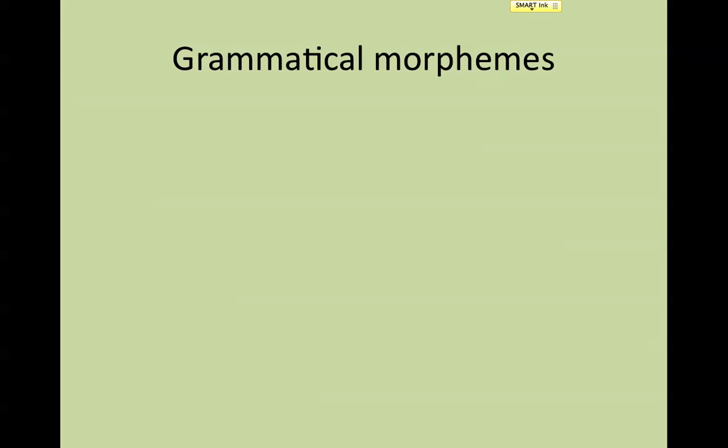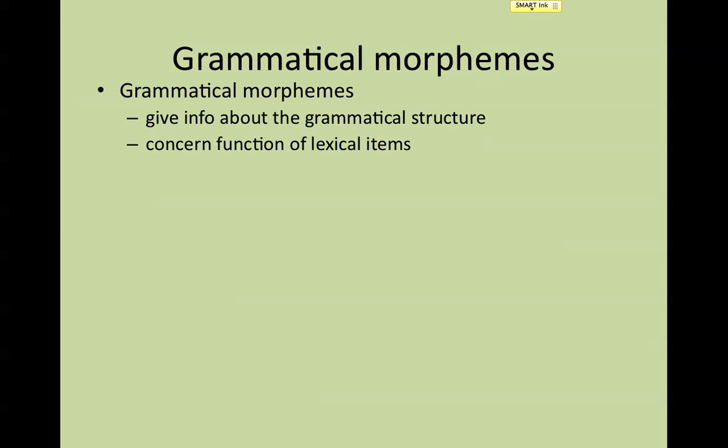Oh, here we go. Now we've got the grammatical morphemes, okay? So we're contrasting the lexical morphemes now with the grammatical morphemes. Grammatical morphemes give information, obviously, about the grammatical structure.